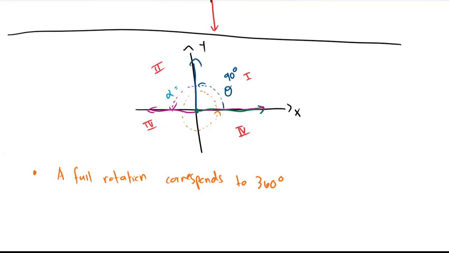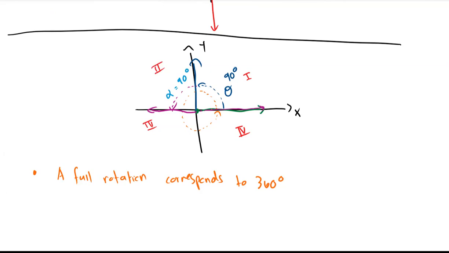Even though alpha and theta are occurring in different places, because one is in standard position and the other one is not, just by looking at the picture it's obvious that the measurement for alpha is still 90 degrees. And that's going to be the same if we go from our initial position at the negative x-axis and move to the positive y-axis.